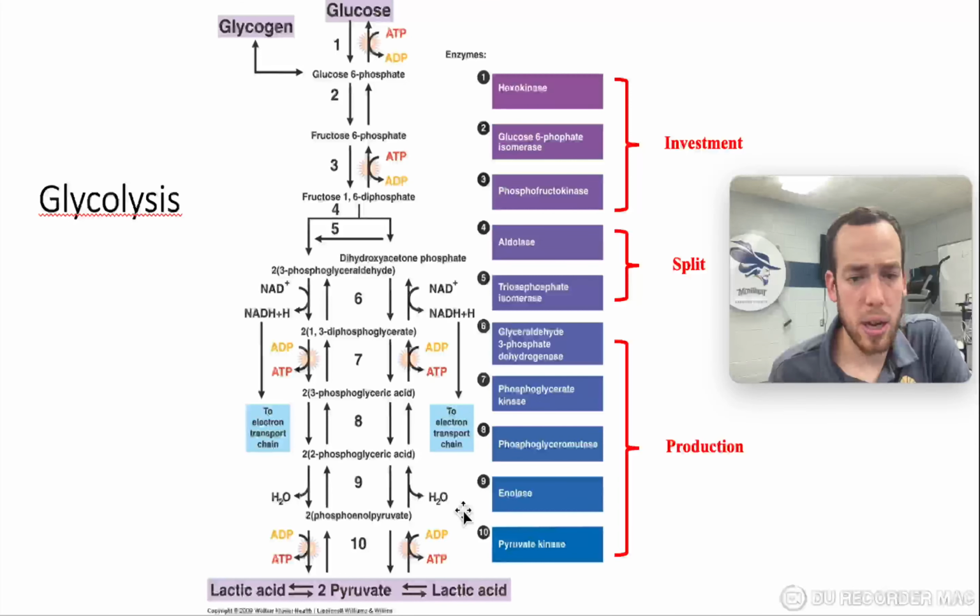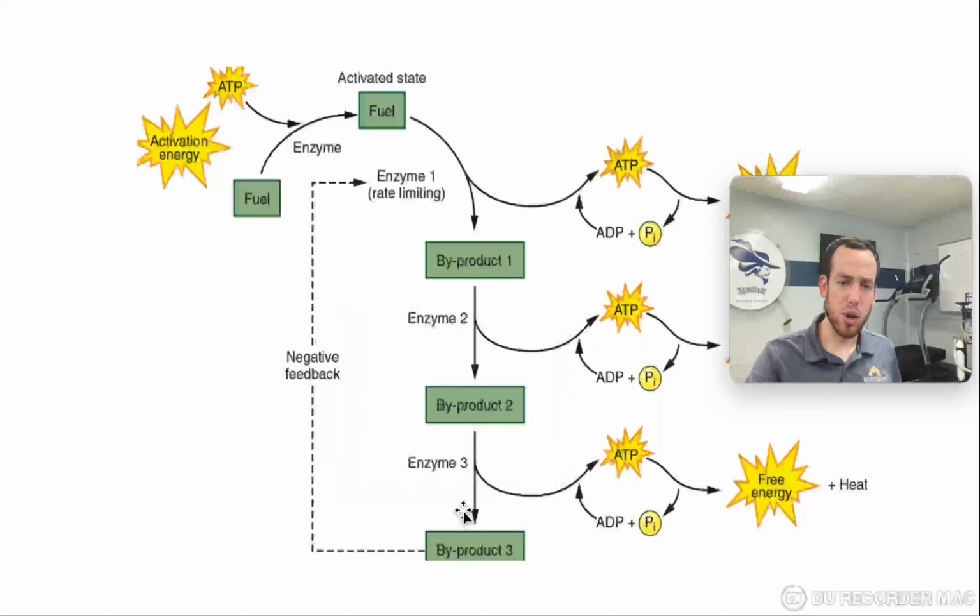To do this, let's split it up into 3 phases. You have an investment phase, a split phase, and a production phase. Just like way back at the beginning, I'm going to skip back to where we showed this. What do we need? Well, we need an activation energy, and then we need a production.